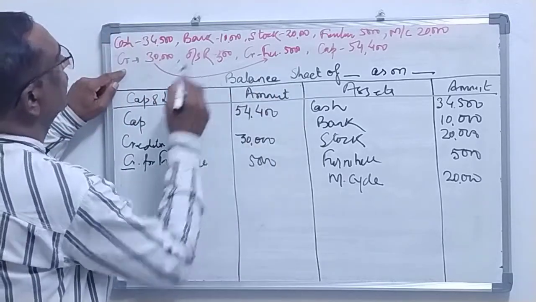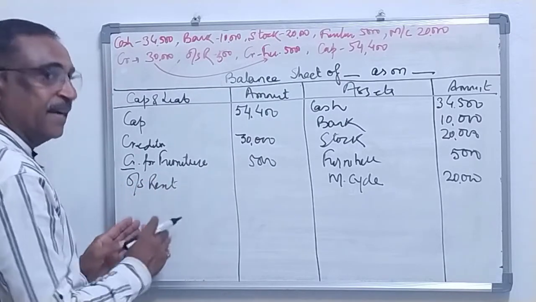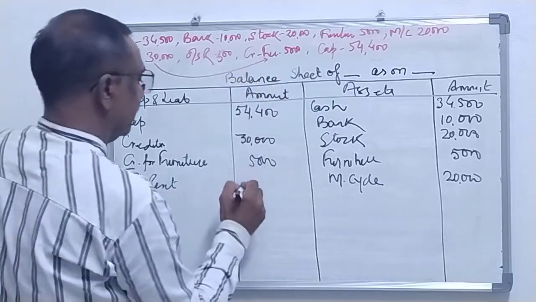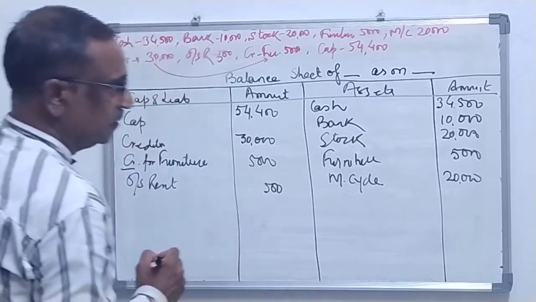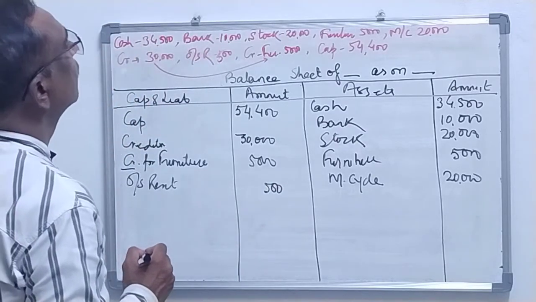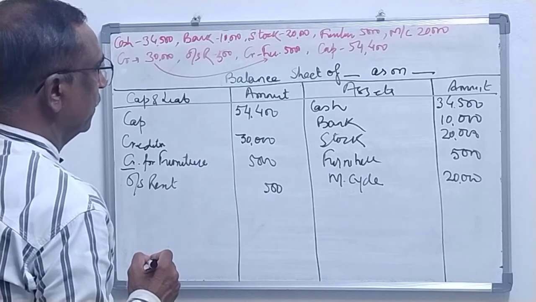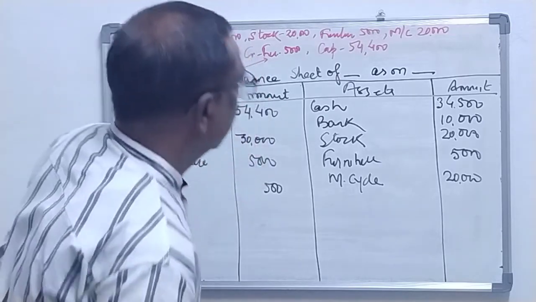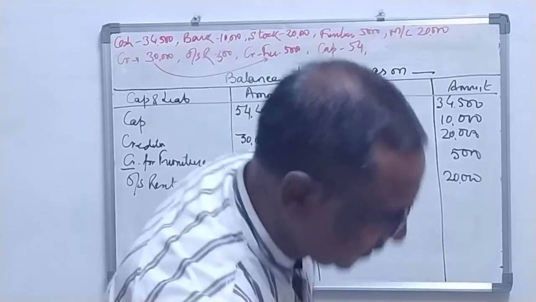Okay, and outstanding rent, or rent outstanding, it will mean the same thing, 500. Sorry, capital was 54,000.